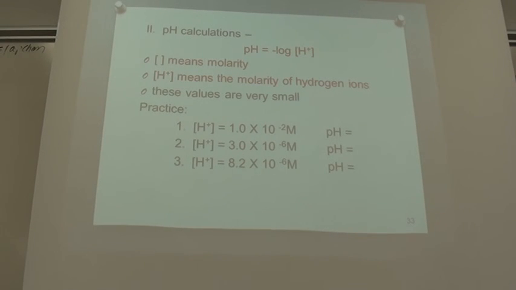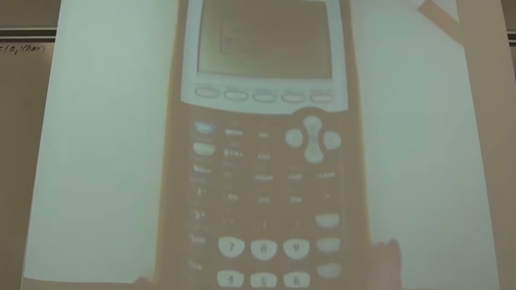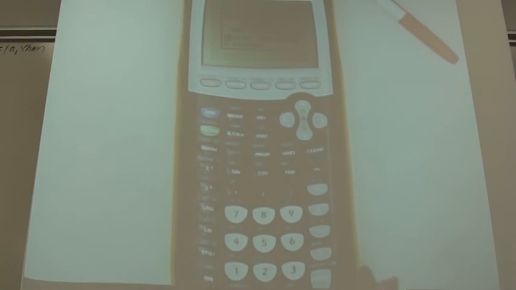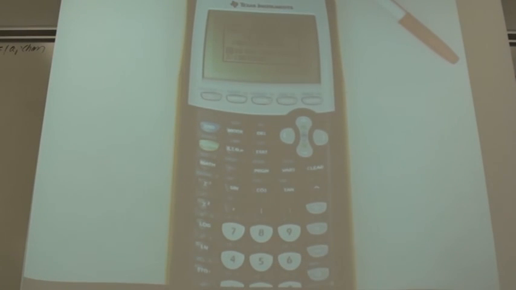Let's have a refresher on how to use your calculator. The first example they give us is a hydrogen ion concentration of 1 times 10 to the negative 2. You need to figure out the pH.